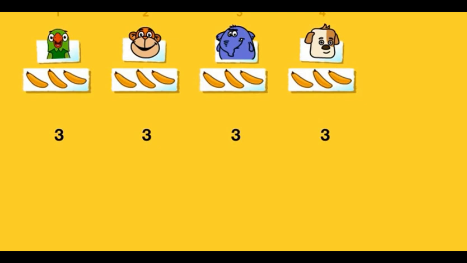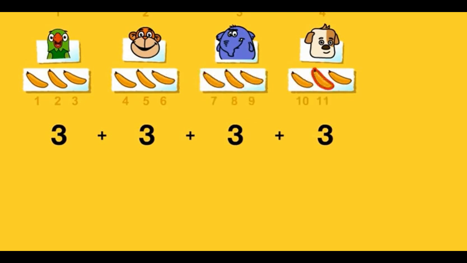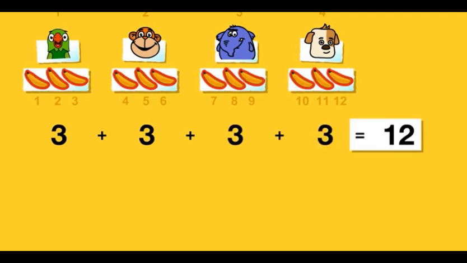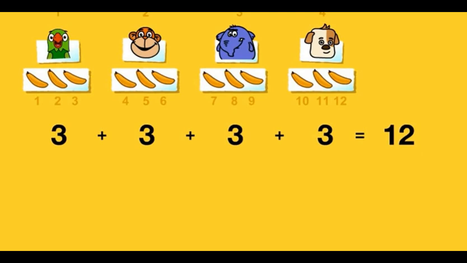So Gul needs 3 plus 3 plus 3 plus 3 bananas. How many is that? 1, 2, 3, 4, 5, 6, 7, 8, 9, 10, 11, 12. 3 plus 3 plus 3 plus 3 equals 12. 12 bananas. Gul needs 12 bananas for his party.